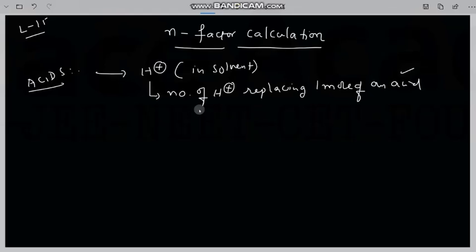Note that n factor of an acid is not equal to its basicity. Do remember, n factor is not equal to the basicity of the acid. It is the number of moles of replaceable H+ ions present in 1 mole of acid. For example, if you take 1 mole of acid, how many replaceable hydrogen atoms does it have?